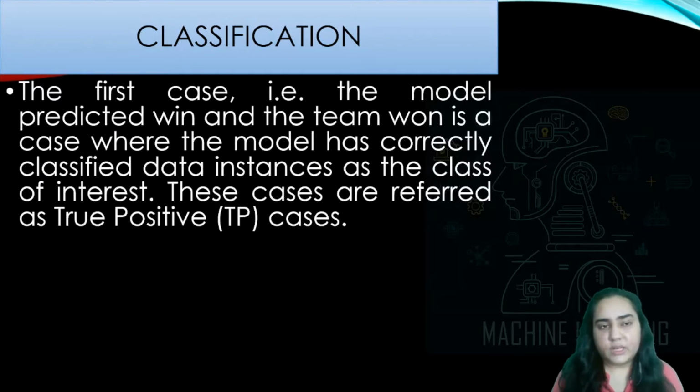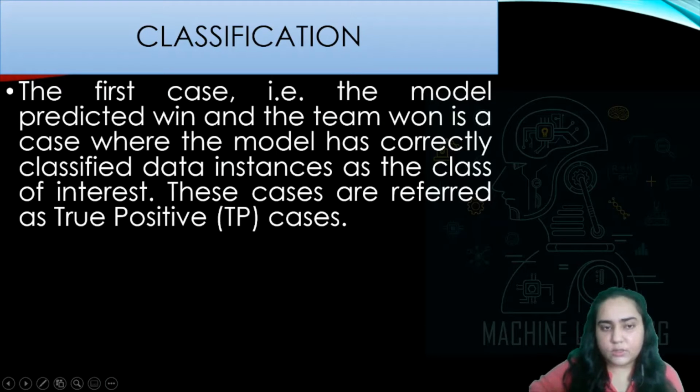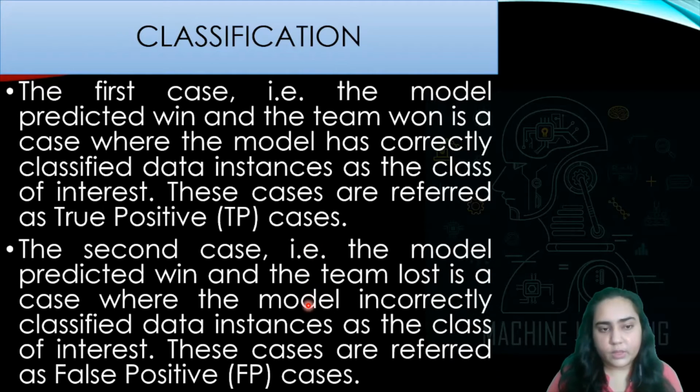Now in the first case, what happened is the model predicted that the team would win and the team also won. So the model was correct, and such a case is referred to as TP, also known as true positive. In the second case, the model said the team would win, but the team lost. So this kind of a case is known as a false positive case, which is also denoted by FP.